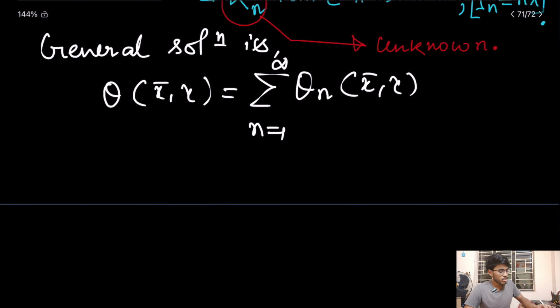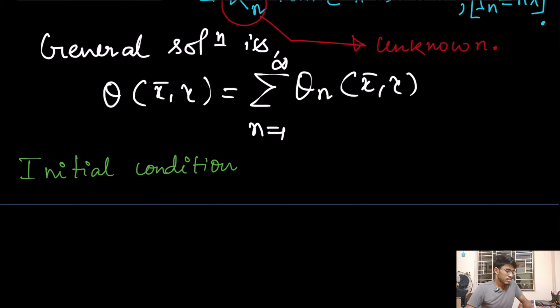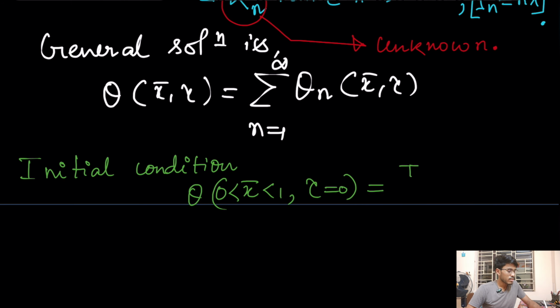The initial condition is theta of x, for all x in the domain and for tau equal to 0, equal to Ti minus T1 by T2 minus T1 plus minus theta 2 of x bar.